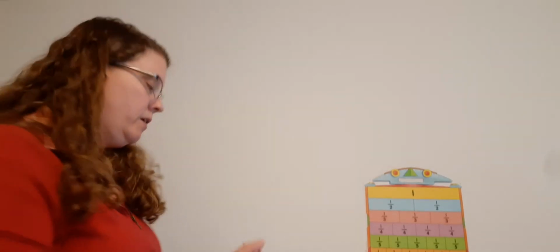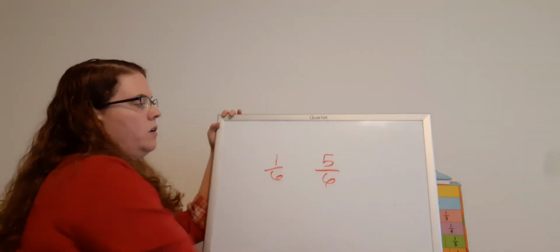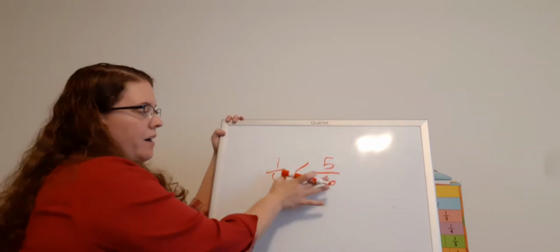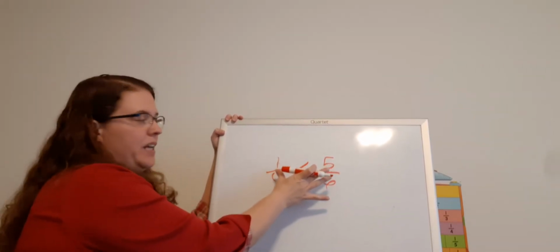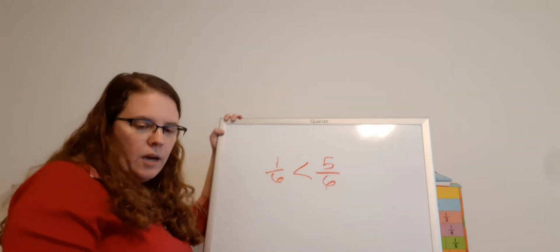Then we have to answer 1/6, 5/6. So 1/6 is less than or greater than 5/6? Less than, right? I don't even have to look at my denominators, just know that 1 is less than 5. Pretty simple.